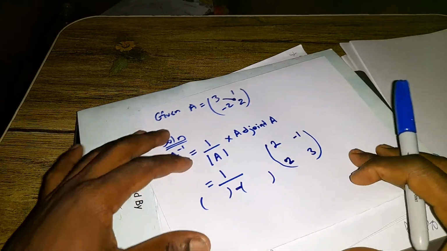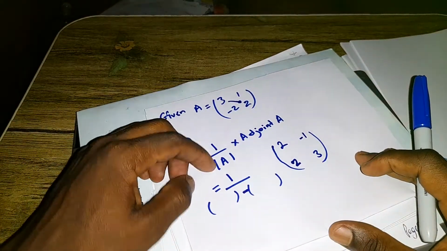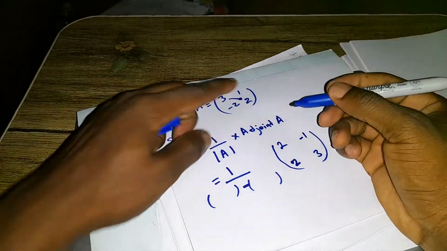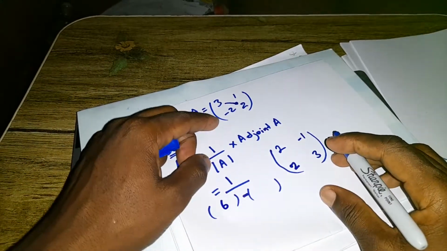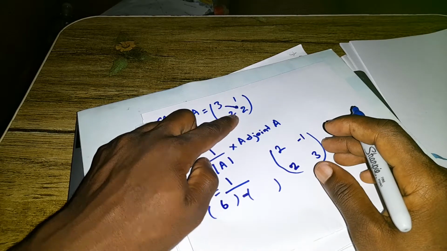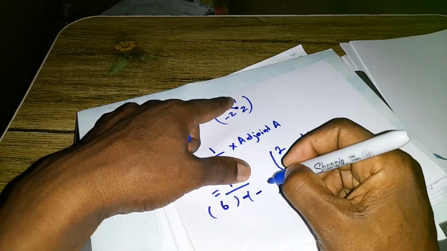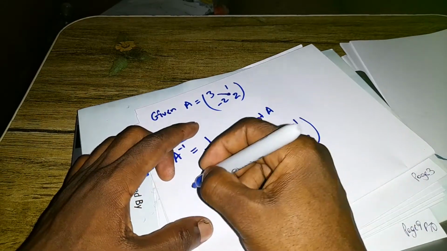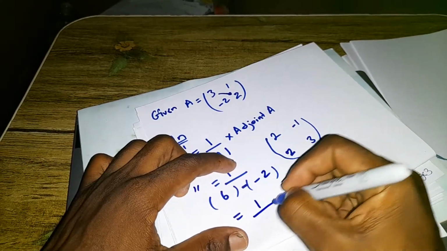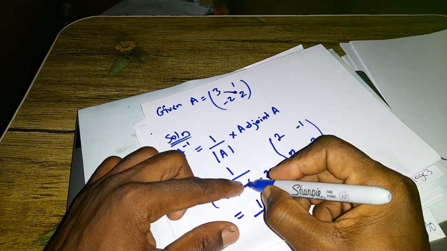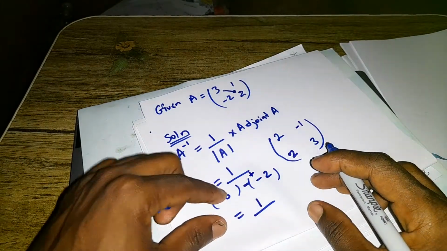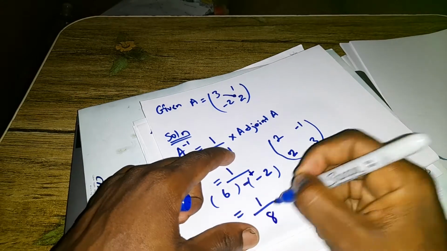Now for the determinant, you multiply the leading diagonal, which is 2 times 3, which is 6. And negative 2 times 1 is negative 2. Then you tidy up, putting 1 over it. Negative times negative gives you positive, so 6 plus 2 is 8.